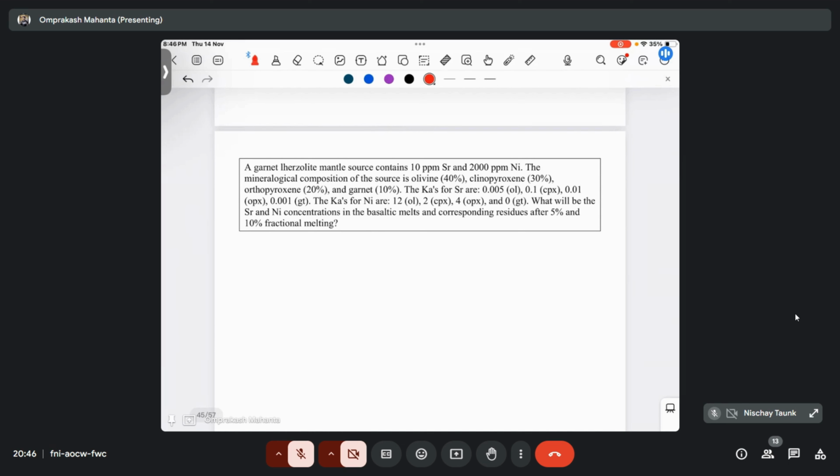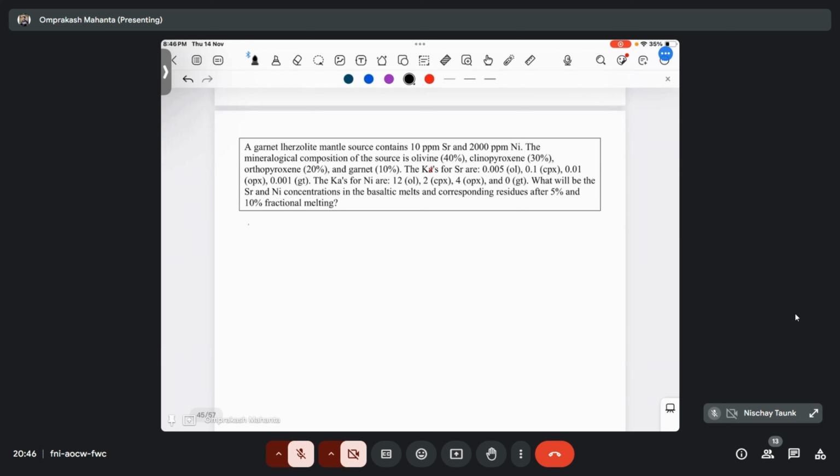This is the formula of fractional melting. So we will do this in a similar way to the previous one. A garnet lherzolite mantle source contains 10 ppm of Sr and 20 ppm Ni.